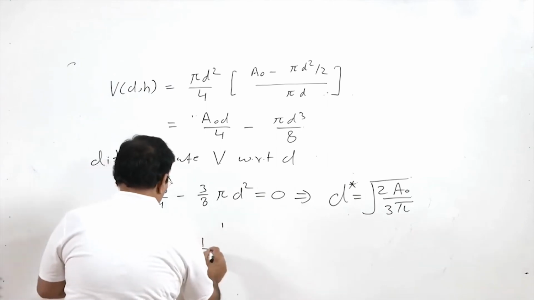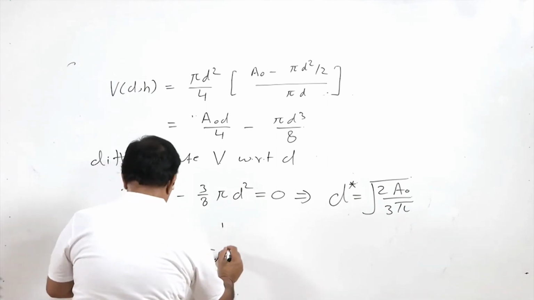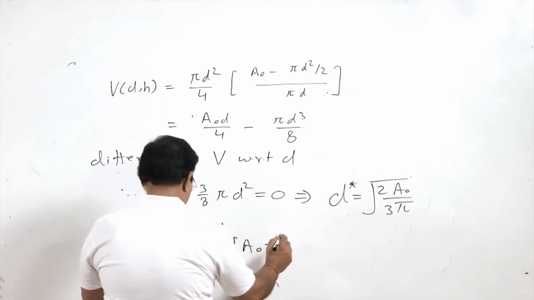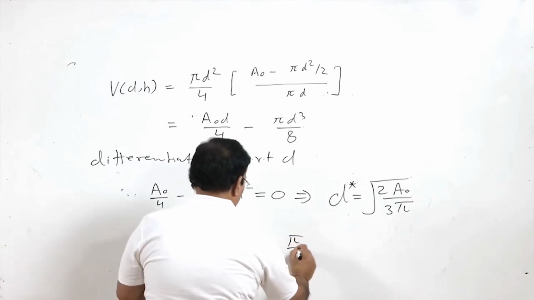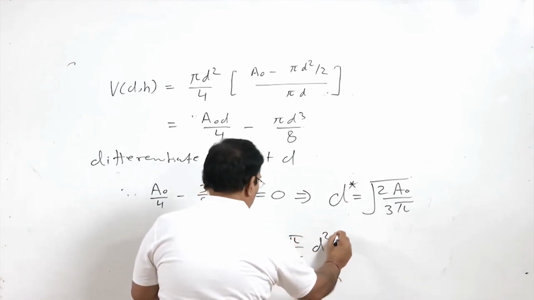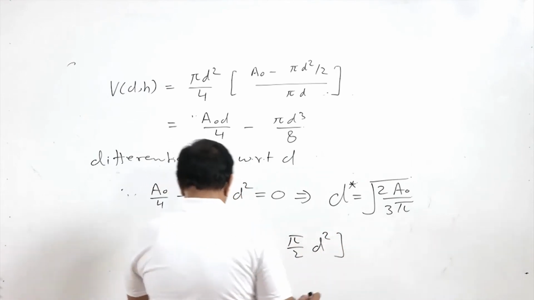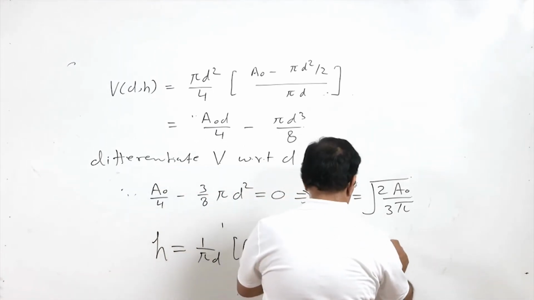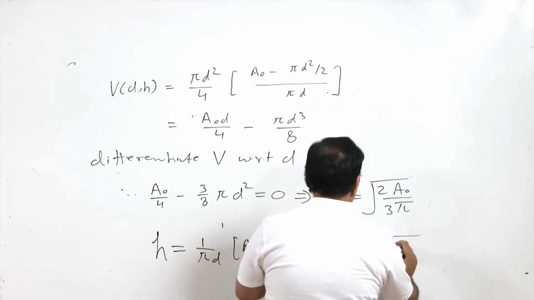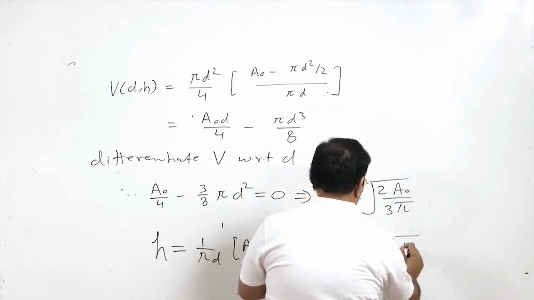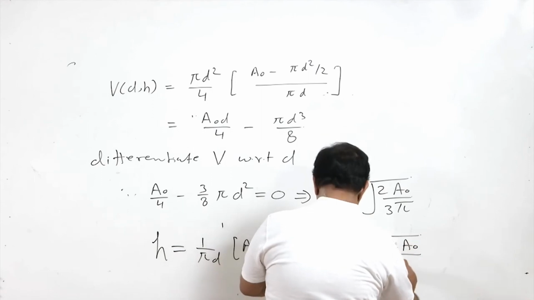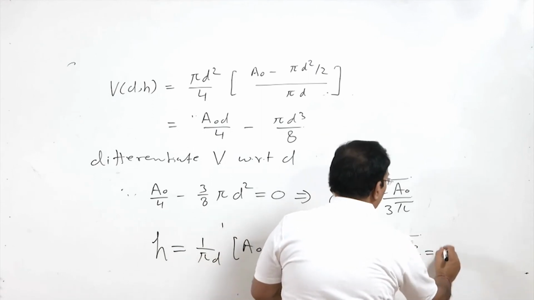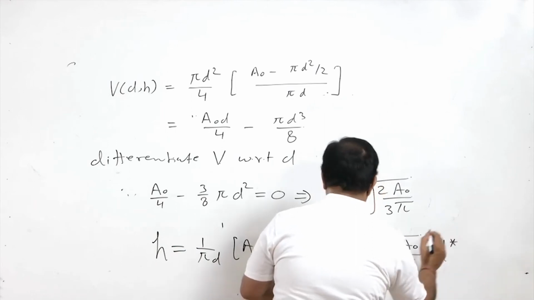This is 1 by pi d times A naught minus pi by 2 d square, and if you simplify this, again you will get 2A naught by 3 pi, which is nothing but your d star.